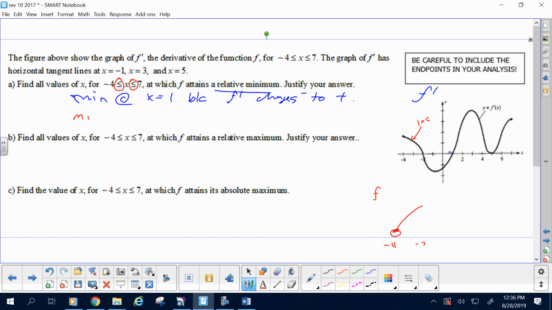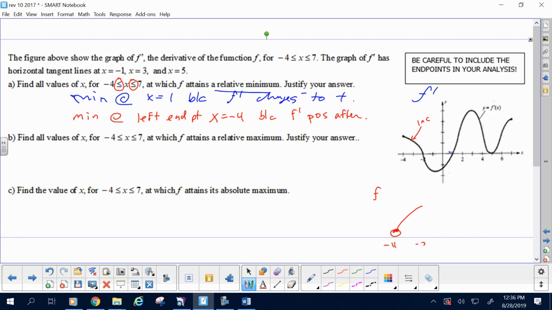The phrasing is not as picky as interior points, where they are very picky. There's a min at the left endpoint, x equals negative 4, because f prime is positive afterwards. Okay, that would probably demonstrate most, at least for my professor.